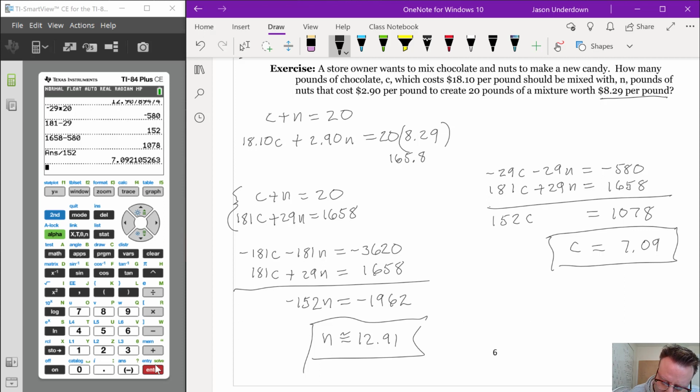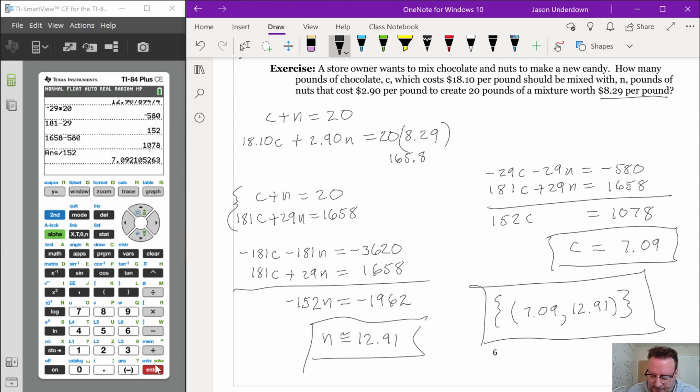So a preferable way of reporting the solution would be to say the set containing the point, let's see, I guess we could put chocolate first, since alphabetically C comes before N. So we would say 7.09, comma, 12.91. Okay, and it's a small detail, but that would be a preferable way to report the solution. All right, and this concludes section 2.1.